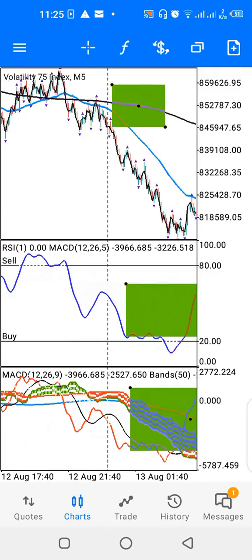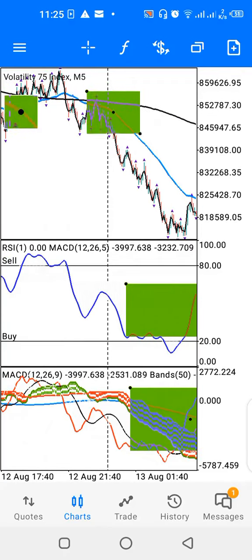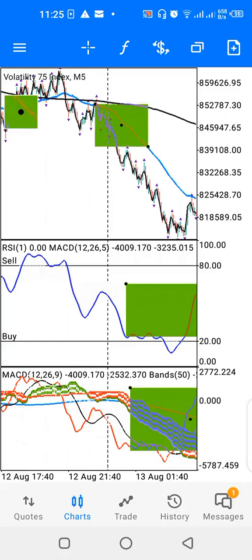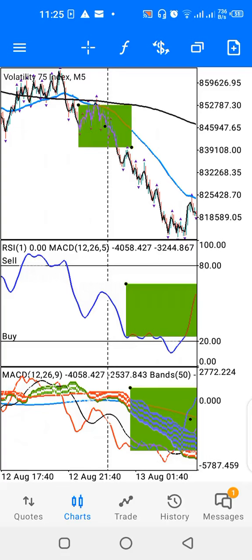When it crosses up, I look for long trades. I try to buy. Anytime the blue line, the 50 moving average, crosses down below the 240, and the 1 period Bollinger Band also crosses down below the 2 lines, then I take my entry. That's my trigger point where I place my sell trade.